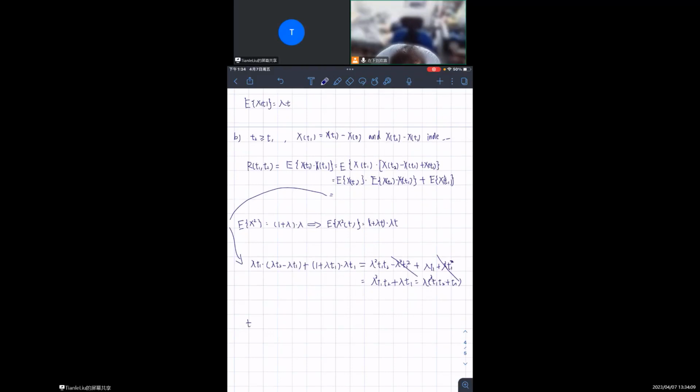And for t1 larger than or equal to t2, it'll be similar, but for this part we will have x_t1 minus x_t2 becoming independent.